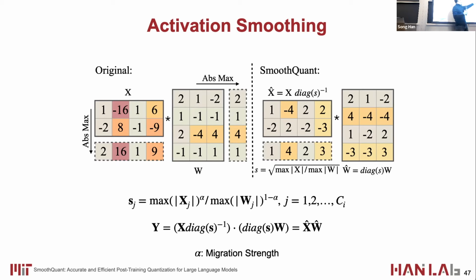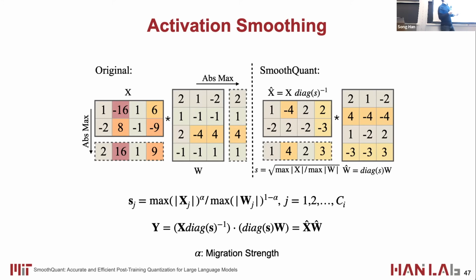So we have this scaling factor, and we call it the smoothing strength. So we can smooth the equation by dividing the original x by this smoothing factor. 1 divided by 1 is 1, but this minus 16 divided by 4 is minus 4.